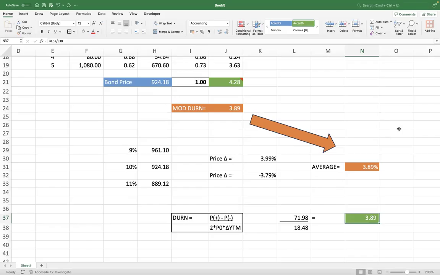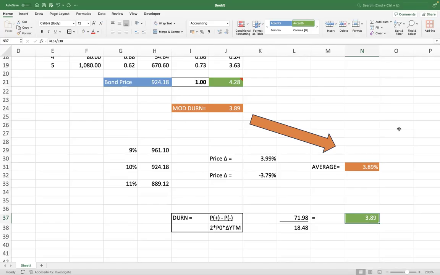So duration is P plus minus P minus divided by twice P naught into delta YTM. Now, if you don't have to memorize the formula, here is a trick so that you don't memorize it but still remember the formula. What is P plus minus P minus? You, what is your name? Charu. What is P plus minus P minus? Change in the price. Divided by 2, the average change in the price.